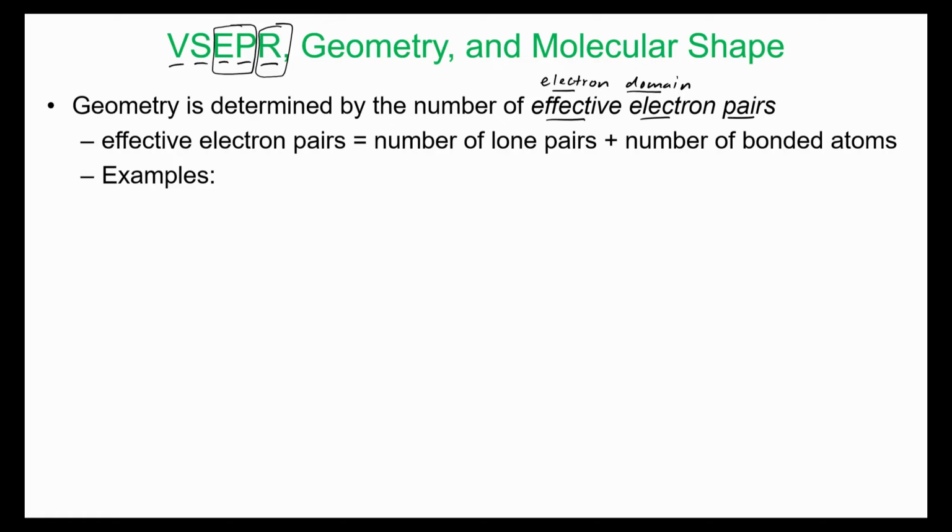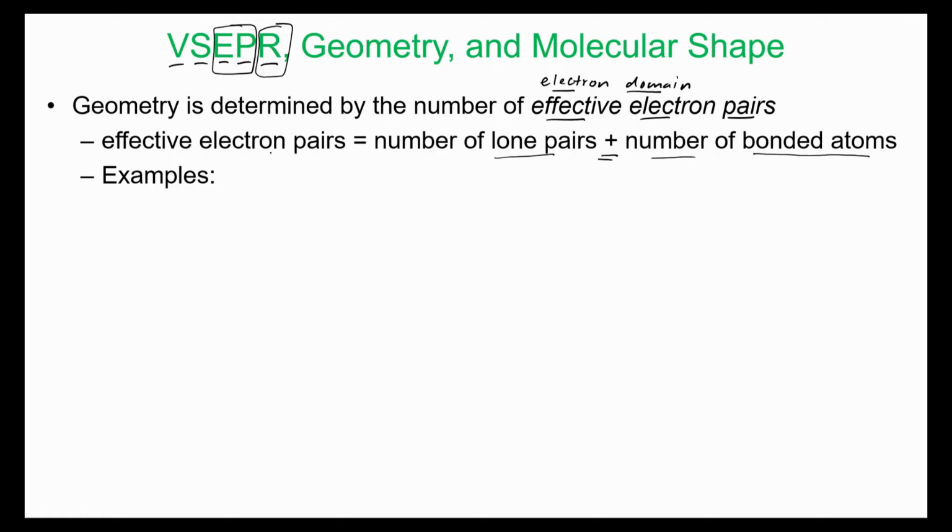What an electron pair is, is the number of lone pairs around a central atom plus the number of bonded atoms. The atom needs these containers to hold electrons. So it uses its valence shell orbitals and fuses them together, and it's said to use what are called hybrid orbitals, and the hybrid orbitals make up these containers.